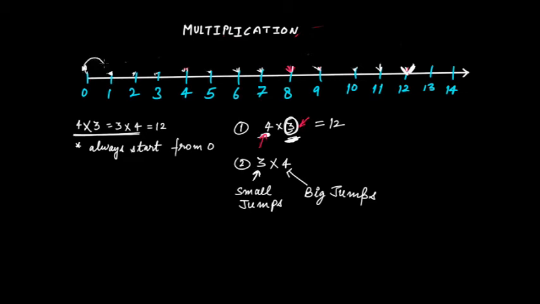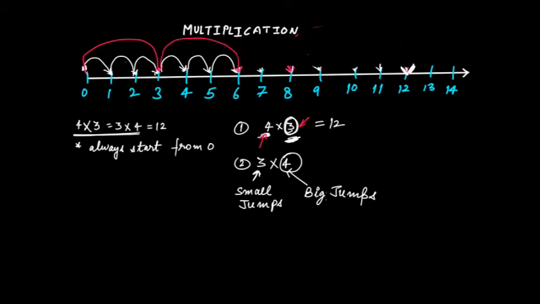So 1, this 2, this is 3. I made 3 small jumps, but I have to do such 4 times. Okay, so this is one big jump, right? Then again make 3 small jumps. 1, 2, 3. So this is the second big jump.